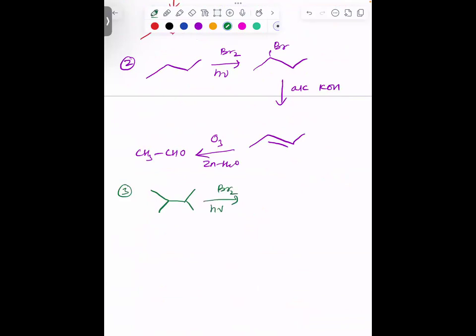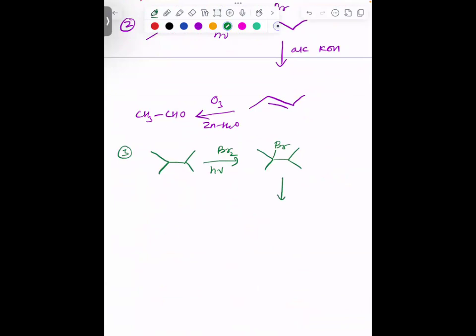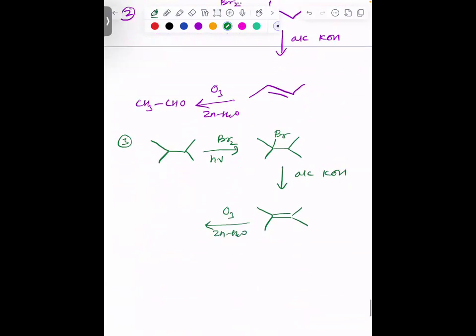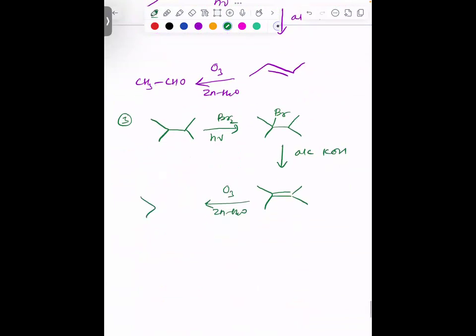Bromine, H nu, then alcoholic KOH, then O3, zinc water, ketone.